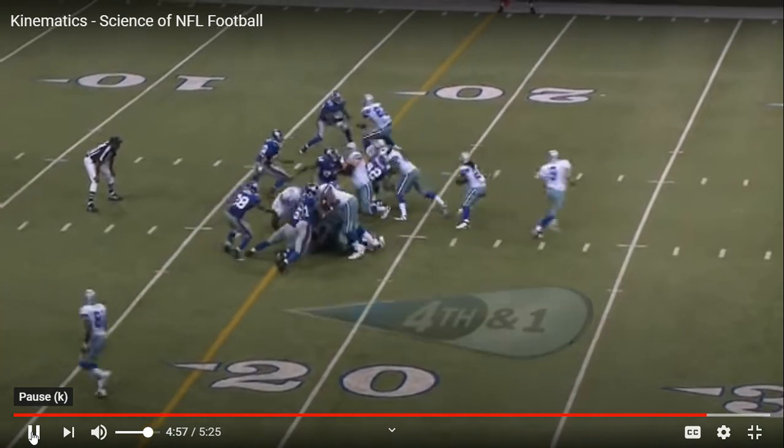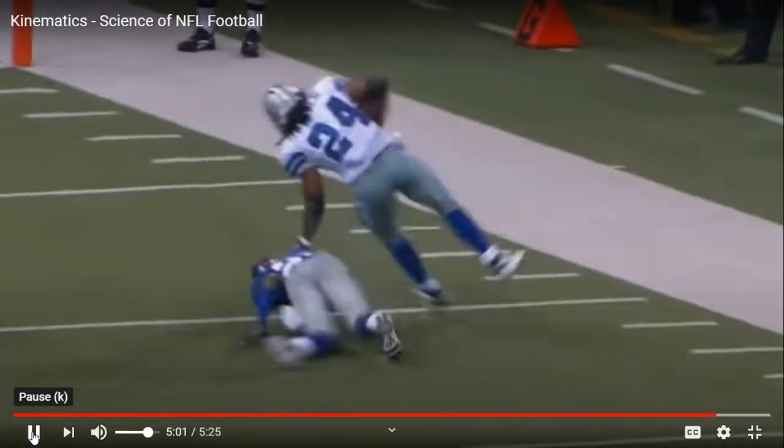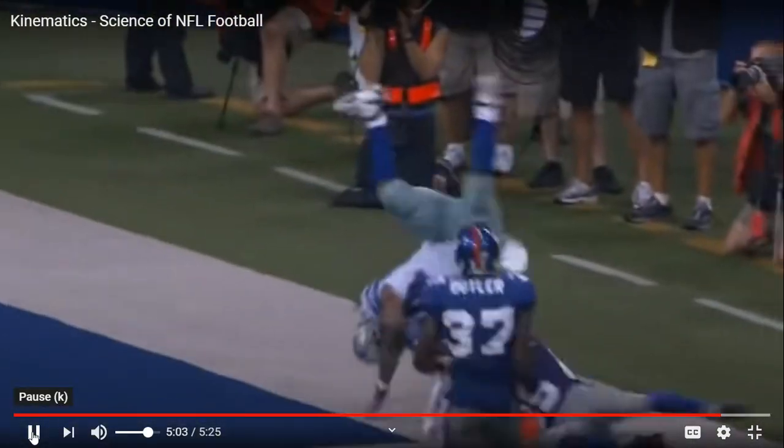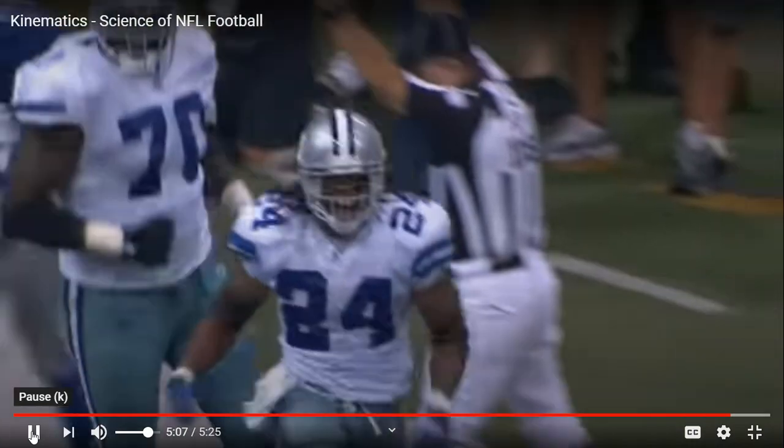Even if your top speed isn't as fast as the guy that's faster than you, you're going to beat him to his top speed. Therefore, you're going to be more successful than he is. Without kinematics and its concepts of position, velocity, and acceleration, NFL running backs would be easy prey, and football itself wouldn't be nearly as fun to watch.